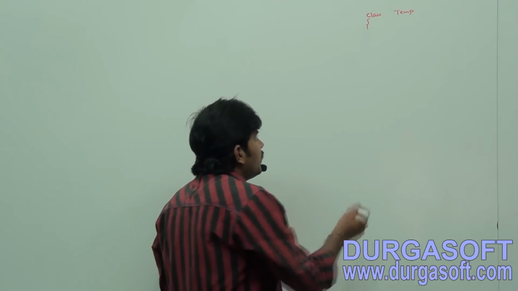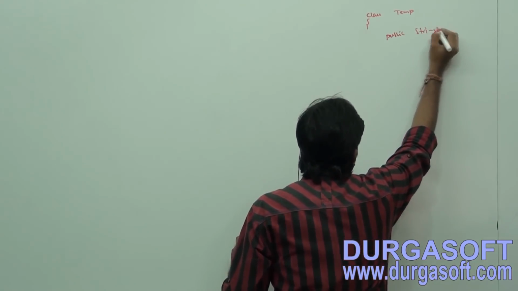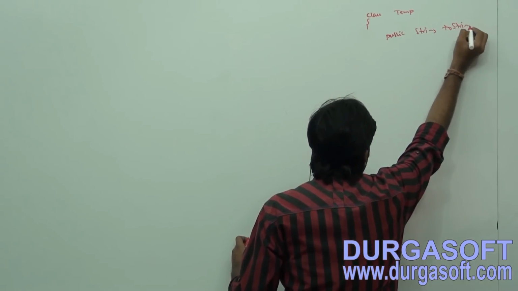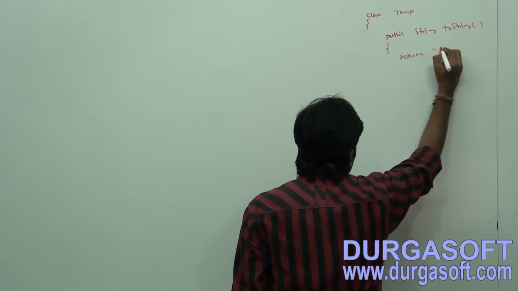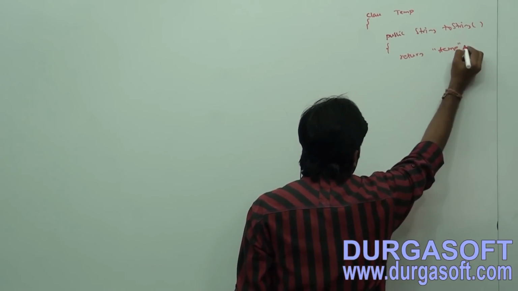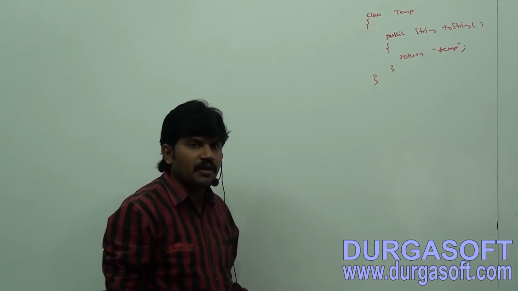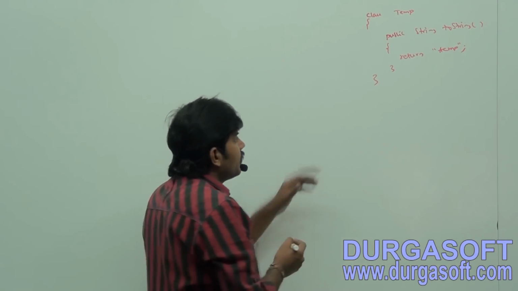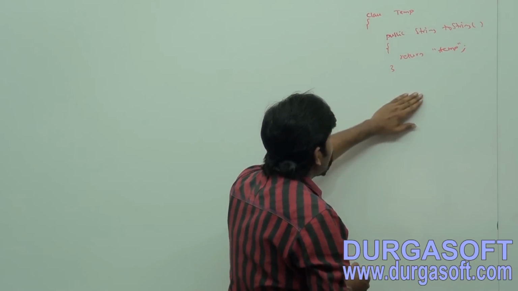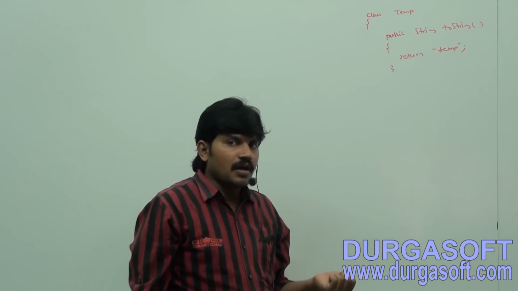Let me override the toString method. public String toString, return what? Return "temp". Like this I took.